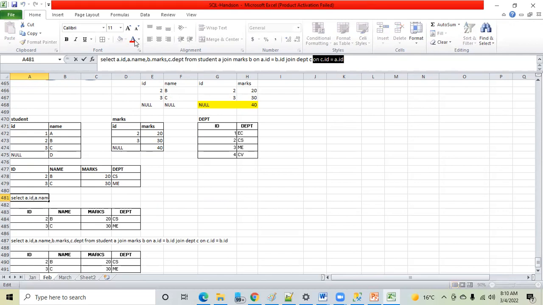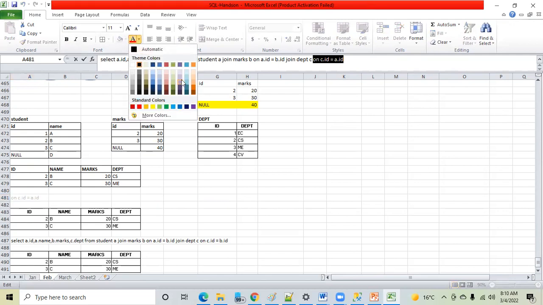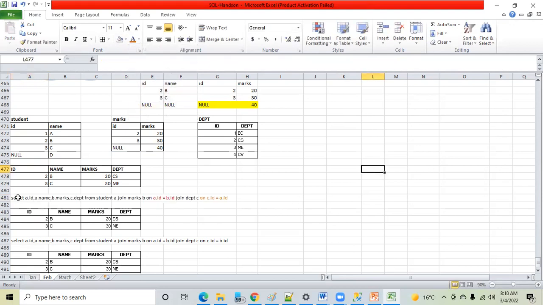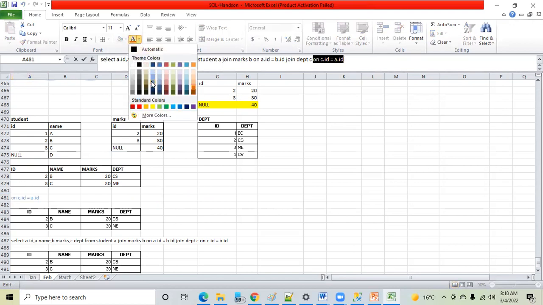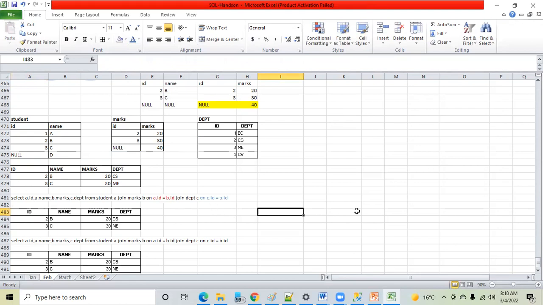So which one will be executed first, or in which fashion does it go? I think that's the question, right? Let me select a better color. Yeah, this is a little bit better. Okay, so this is the question.